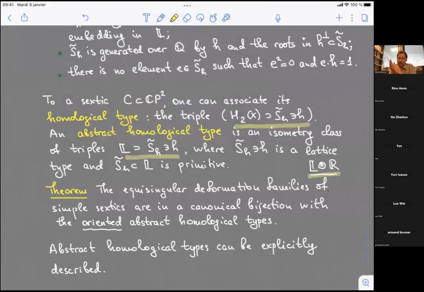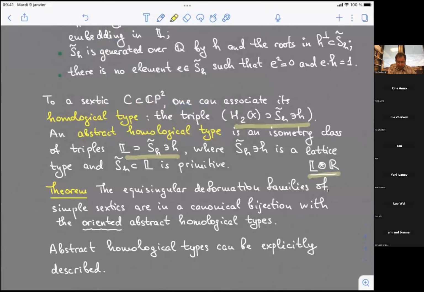So if I have chosen an orientation of one two-plane, so once again, I'm speaking about two planes in the orthogonal complement of my hyperbolic sublattice, and I consider two planes such that the restriction of the intersection form on these two planes is positive definite, each time I choose an orientation of one of these planes, I get the orientations of all the other planes.